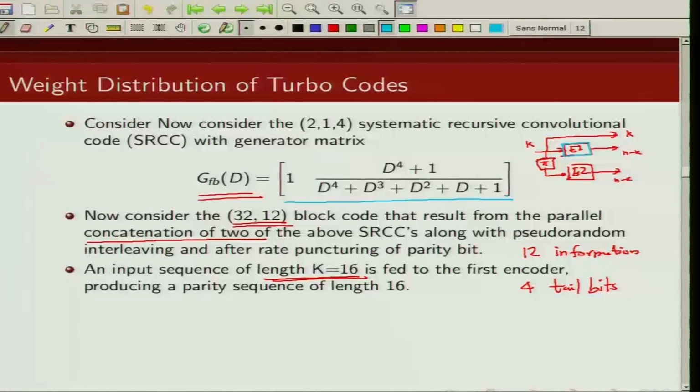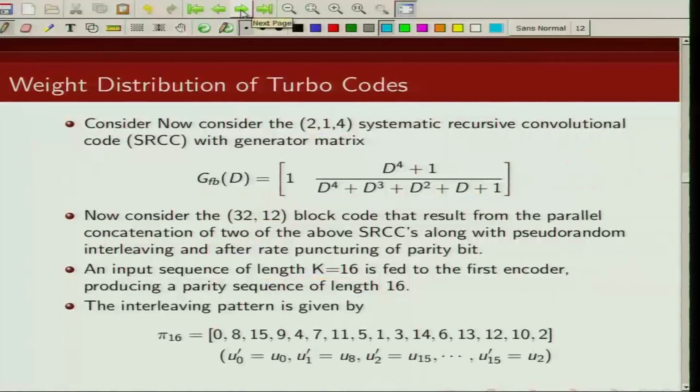So if we feed a sequence of 16 input bits, the parity sequence that comes out will have length 16, because it is a rate half code.